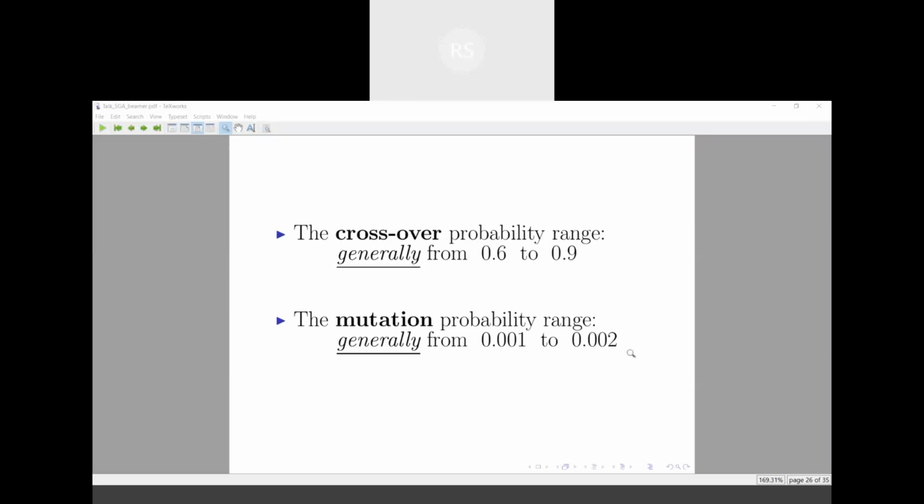All right. But we observe that in nature, generally the crossover takes place with a probability of 0.6 to 0.9, and the mutation is rather rare, with a probability of 0.001 to 0.002.